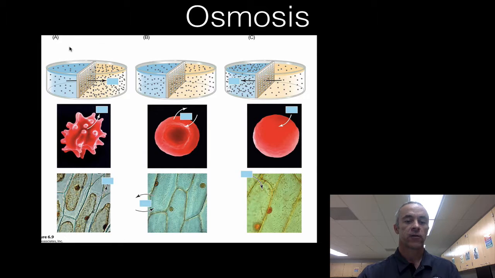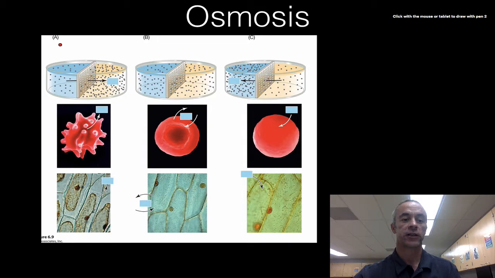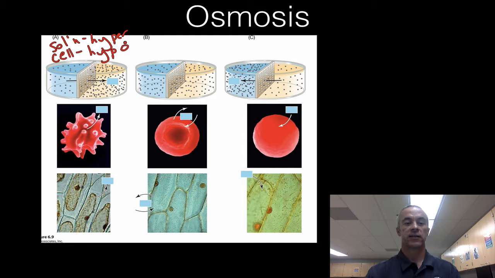So over here, we have an example of a solution that is hypertonic compared to the cell that's in it. So our solution is hypertonic, which means the cell is hypotonic. And what that means is water always wants to go from an area of high concentration to low concentration, just like anything else.